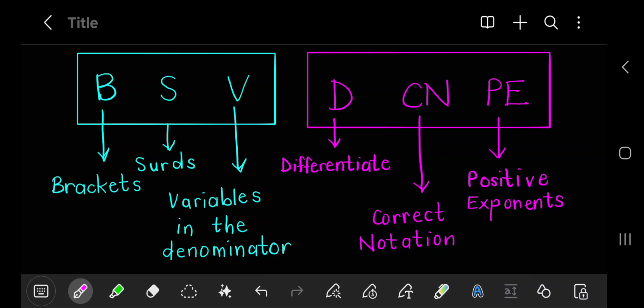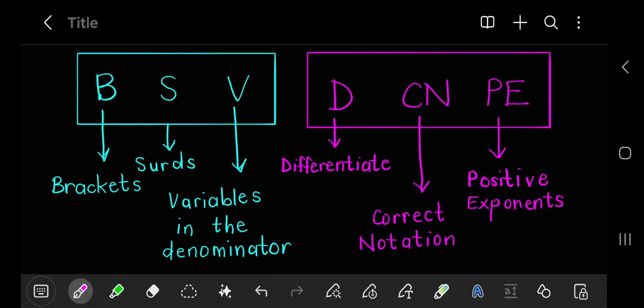Much like that, with differentiation, we need all variables, so all of the x's, to be in the numerator only. So we check for variables in the denominator, and if we do have some, we simply move them to the numerator. Once we've done these 3 important steps, we then go on to differentiating.